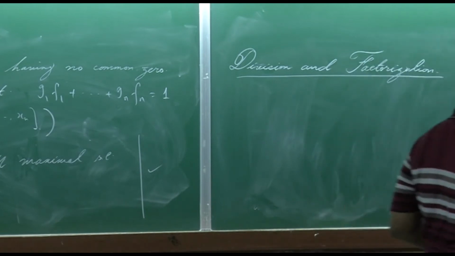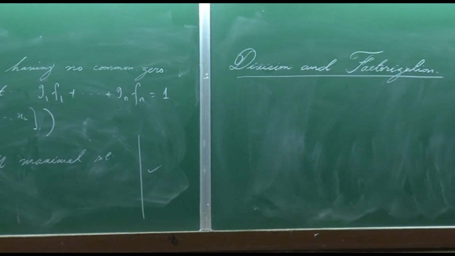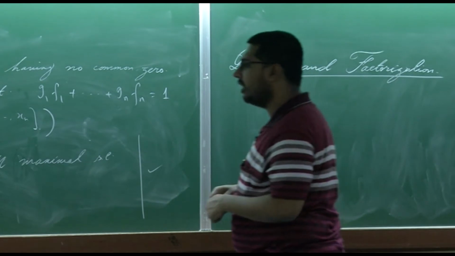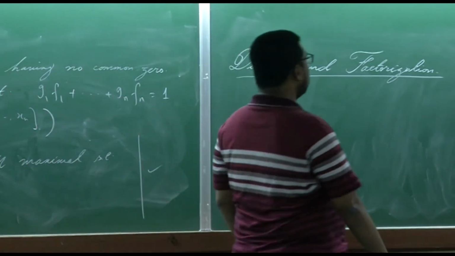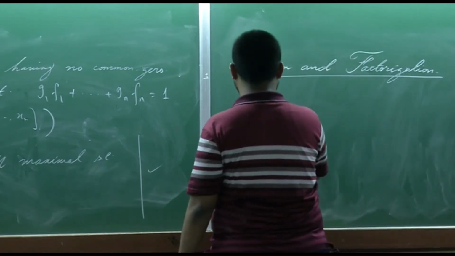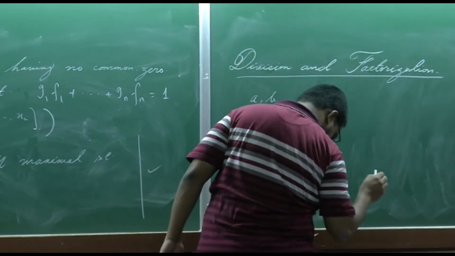So, the point that I want to make is, many things that we do in the case of integers follow from the division algorithm. So, what was the division algorithm? Let me quickly recall for you: suppose a and b are two integers.